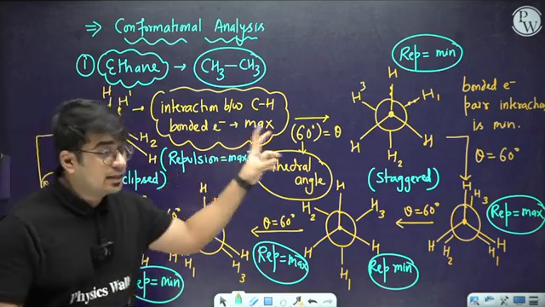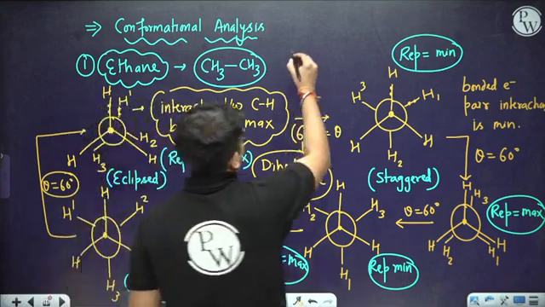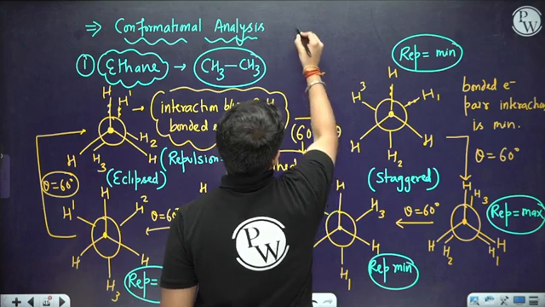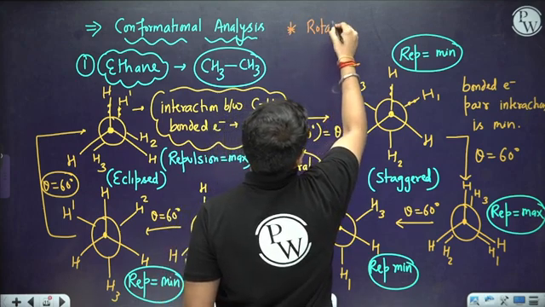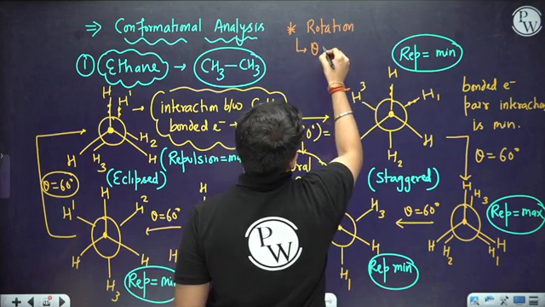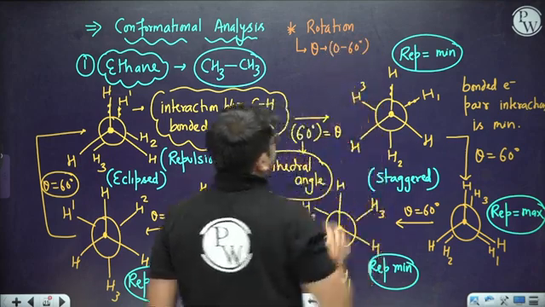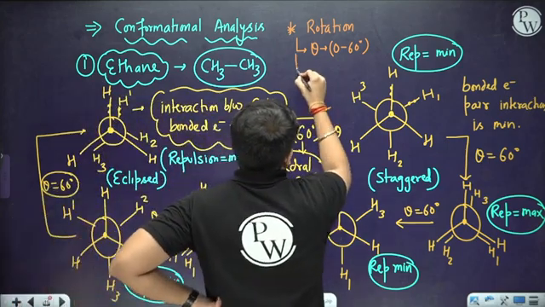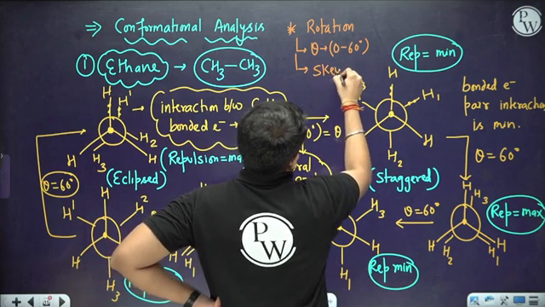When I am completely rotating the molecule from 0 to 60 degree, note one very important point: when the theta is in between 0 to 60 degree, more than 0 and less than 60 degree, whatever form is going to form is known as skew form.